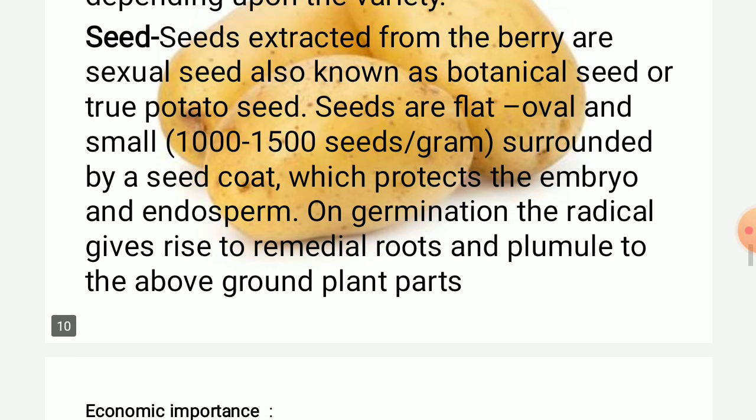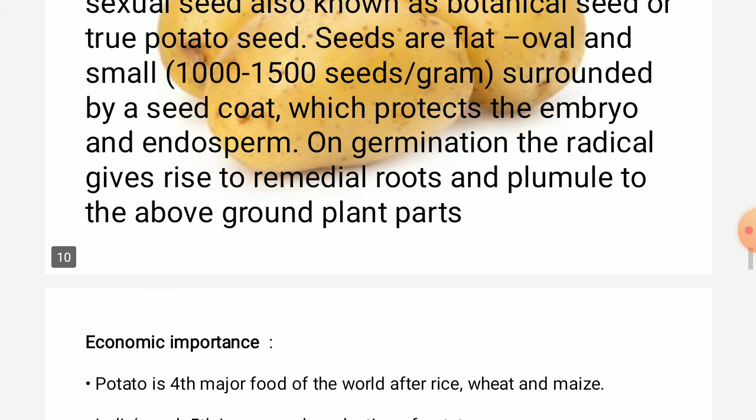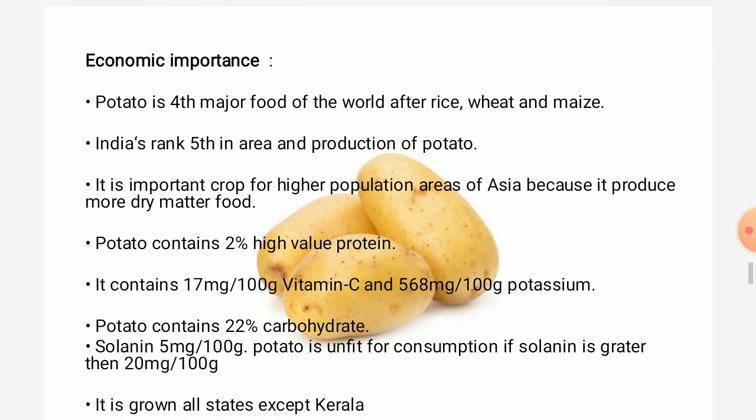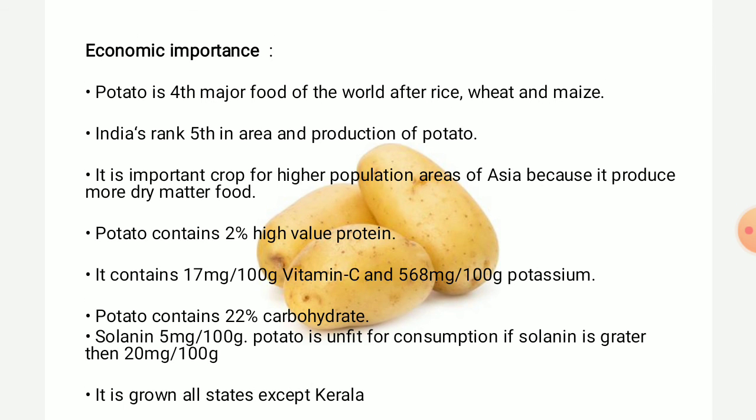The next point, economic importance of this crop. So first, it is the fourth major food crop of the world after rice, wheat, and maize. In production of potato, India is ranked fifth in the world. It is one of the most important crops grown in Asia region.